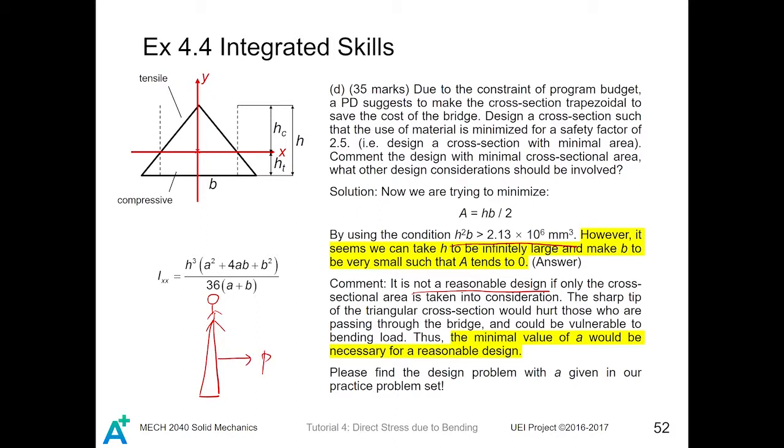So in case such a load occurs, how can you ensure the safety with such a thin cross-section? It is another issue that you need to address. In other words, the minimal value of A, which is the minimal value of the upper base, would be necessary for a reasonable design. So in our practice problem set, there is a problem which is modified from this problem, and there will be a value of A given, and you can try that out.